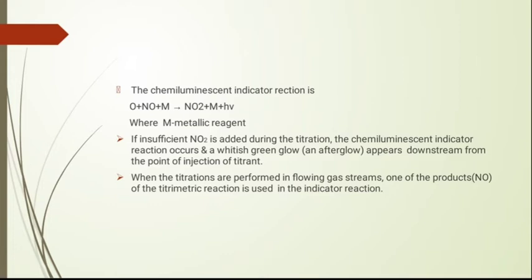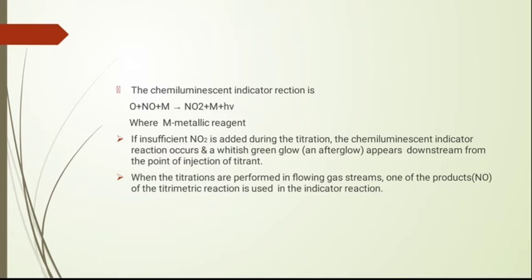These two reactants combine to give NO2, M remains as it is, and light is emitted in the form of a photon. The reaction is oxygen plus NO plus M, which gives NO2 plus M plus h nu, the emitted photon, and this reaction is called the indicator reaction. This reaction indicates the amount of light emitted during the gas phase titration.